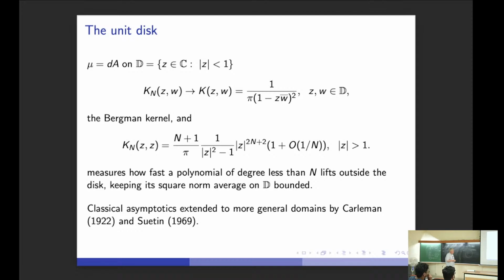Outside, a short computation will give you an exponential growth if z is bigger than 1. And on the boundary, it will be of the order of n again. So it's consistent with what I said here.